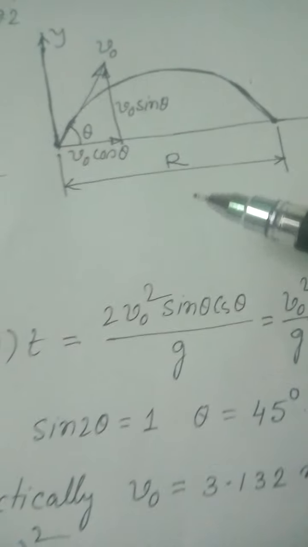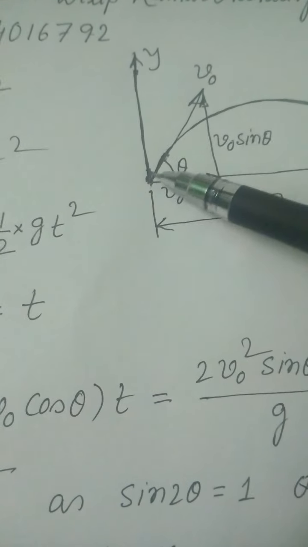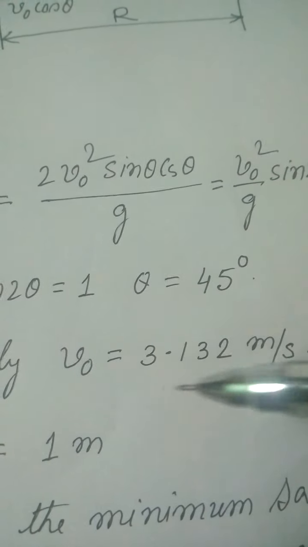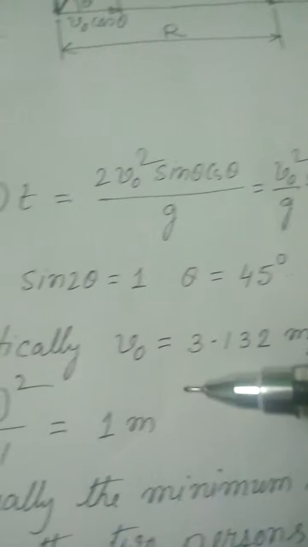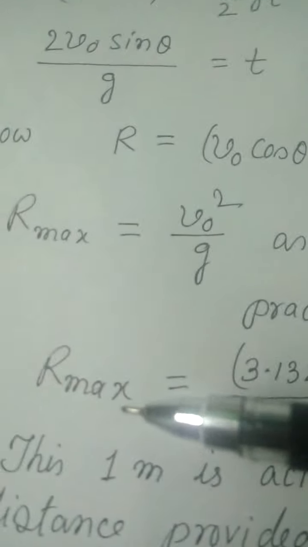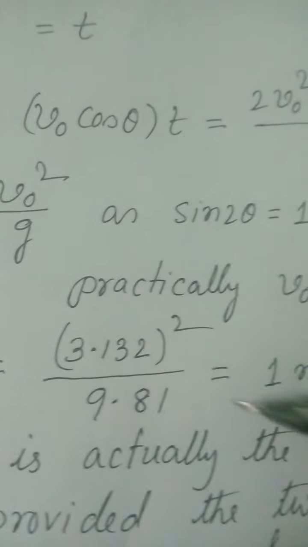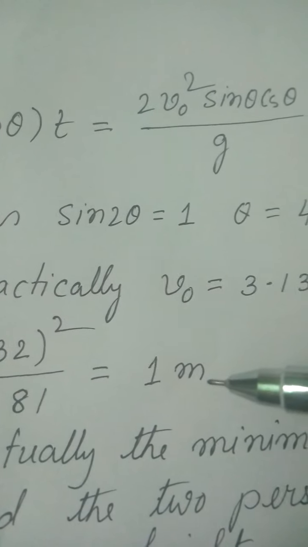So in that case, it has been practically found that v naught, this one, is the maximum. Okay, it may be less, no problem, but for that maximum this will be 3.132 whole square by g. This is coming out to be 1 meter.